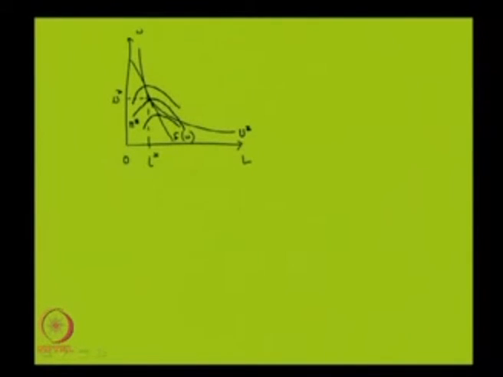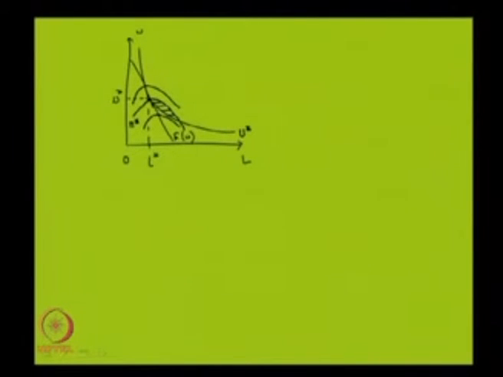The point is that both the union and the firm could reach better, more improved levels of U and pi than this equilibrium of U star and pi star. How do I know this? Look at this lens, this shaded region.